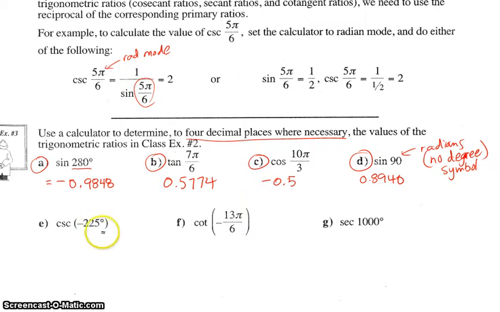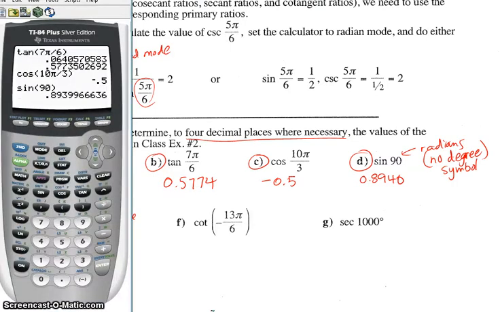All right, so now here's where it gets a little tricky. Cosecant. So first of all, we want to make sure we're in degree mode. Then we want cosecant, which is actually 1 over sine. Now the angle kind of goes with that, so we want to find 1 over the sine of negative 225 degrees. So let's grab the calculator and do that.